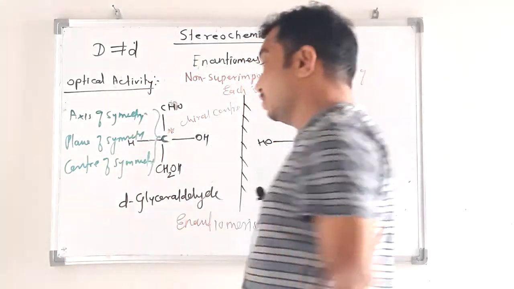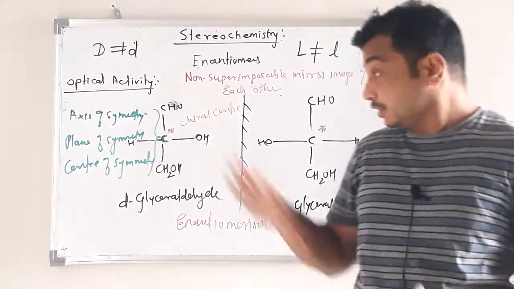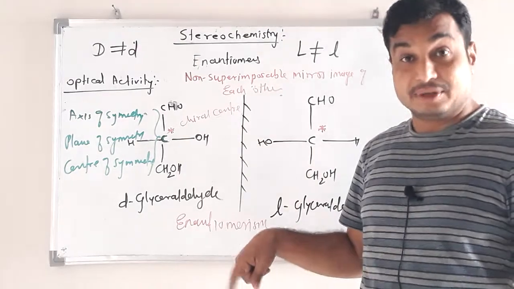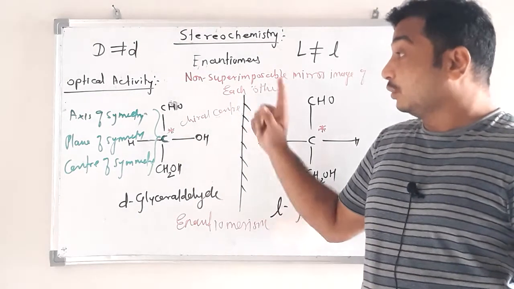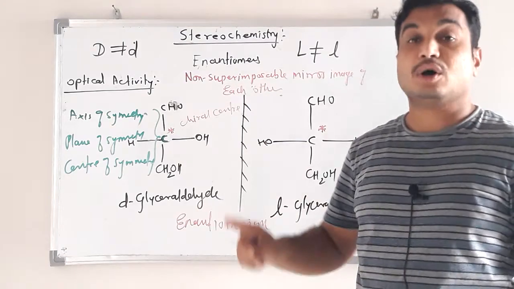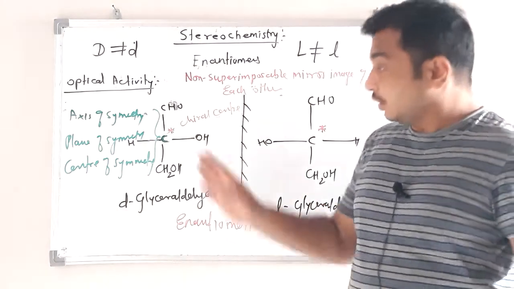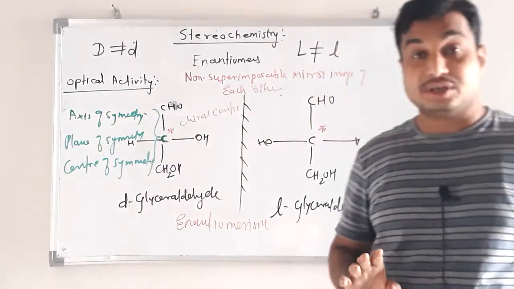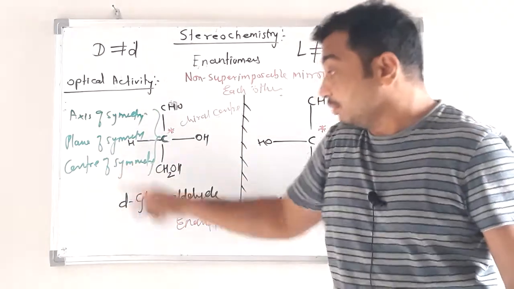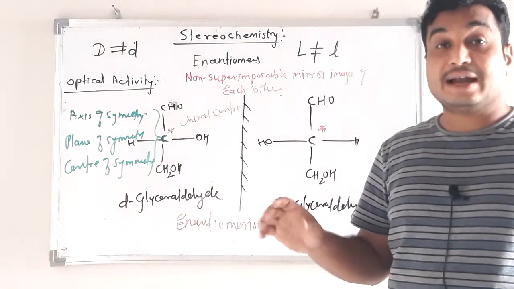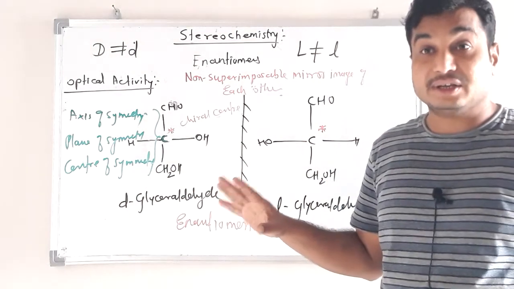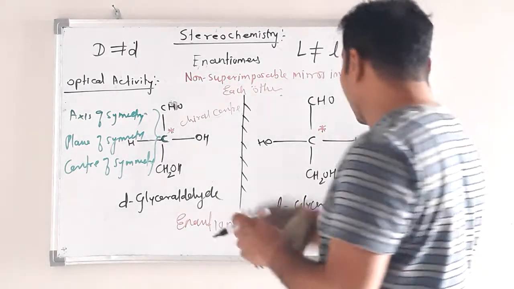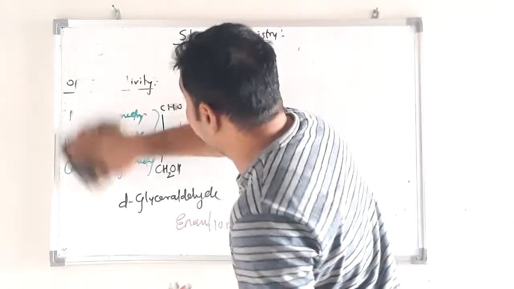If these three symmetric operations are absent in the organic molecule and the molecule has a chiral carbon atom, then only the molecule is said to be optically active. If a molecule contains an asymmetric carbon atom but possesses one of the symmetric operations, either axis of symmetry, plane of symmetry or center of symmetry, then that molecule does not show optical activity. It is optically inactive. What is the condition for a compound to be optically active? Very important.